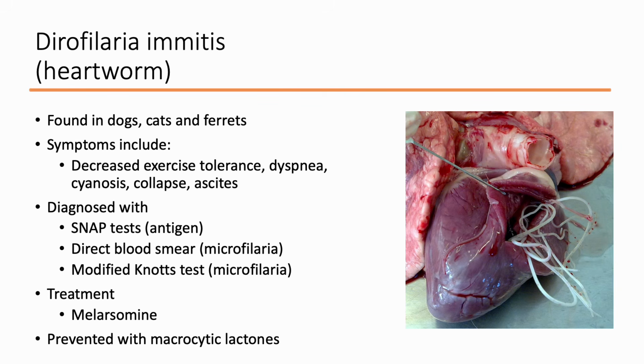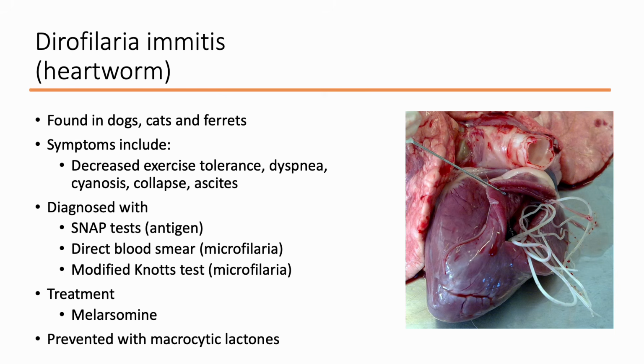They might run and then stop and really have to rest in order to catch their breath. They could also have dyspnea just at rest, so increased respiratory effort or difficulty breathing. We could see cyanosis and collapse or even ascites when an animal is infected with Dirofilaria immitis.